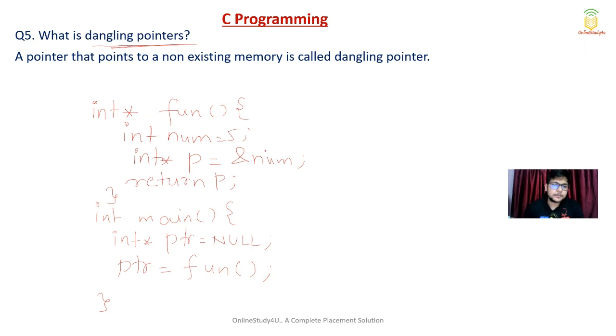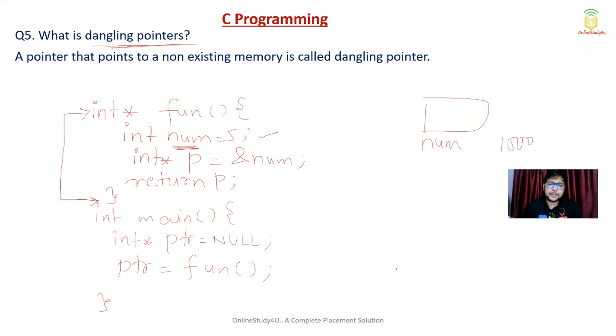So what will happen? See, this number num has its existence only confined to these blocks. So when I say int num = 5, let's say num has the address 1000, right?